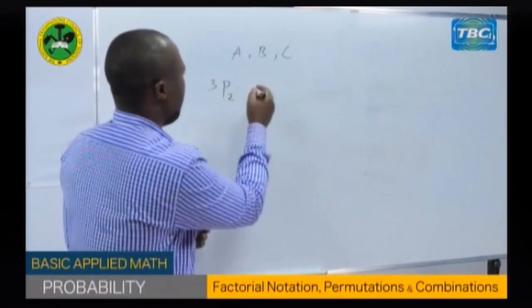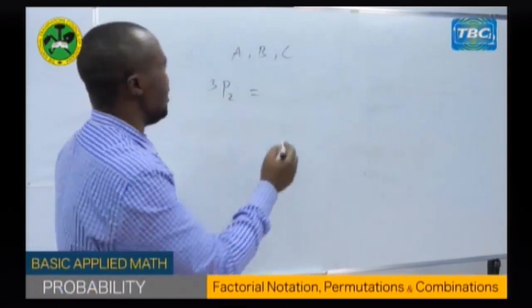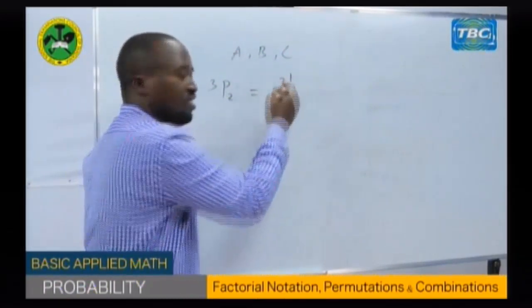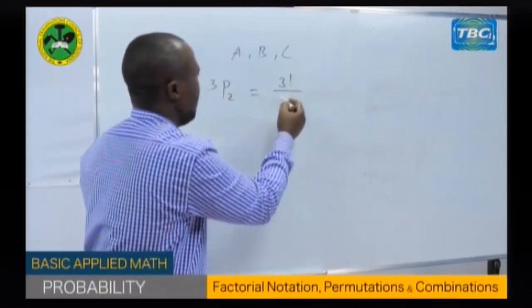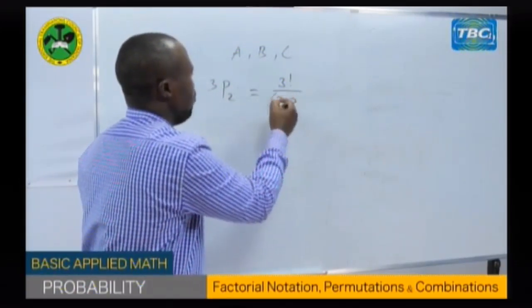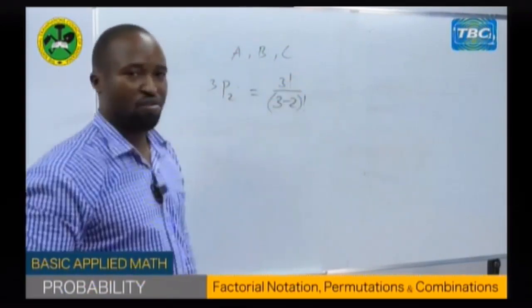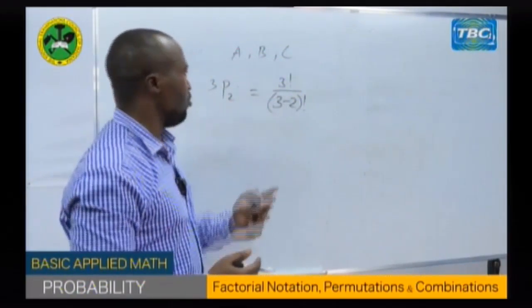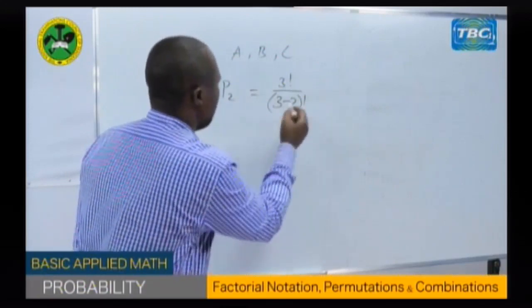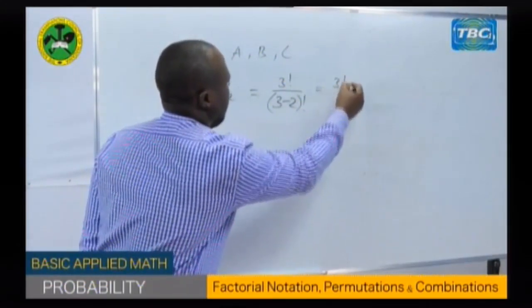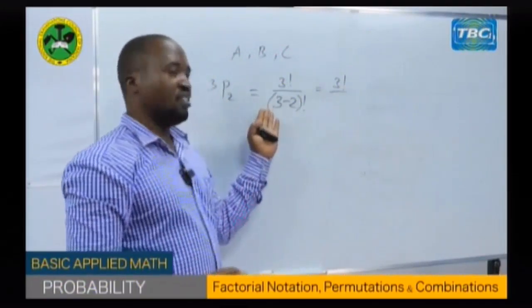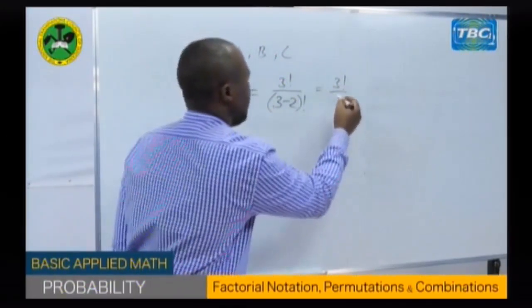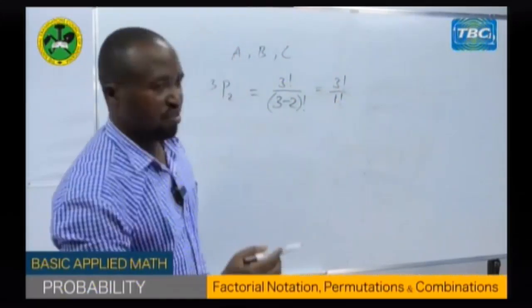So by using our general formula, we could say this is the same as 3 factorial over 3 minus 2 factorial. What you're going to get here is 3 factorial over 3 minus 2, remain with 1 factorial.